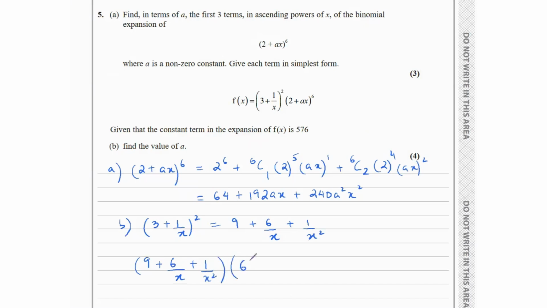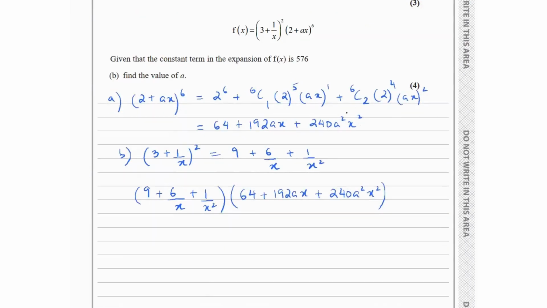If I just write the first three terms over here, we can see that these three terms are enough. We don't need to expand further because our focus is just on the constant term, since they gave us the constant term. So 9 times 64 is constant. 6 over x times 192ax gives us a constant. And 1 over x squared times 240a squared x squared also gives us a constant.